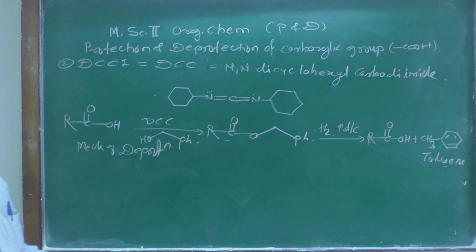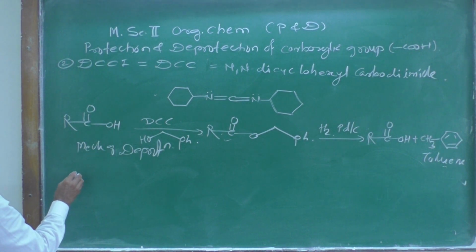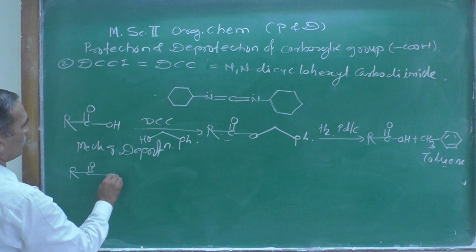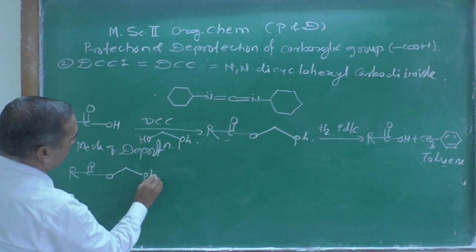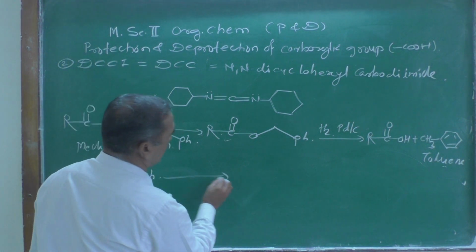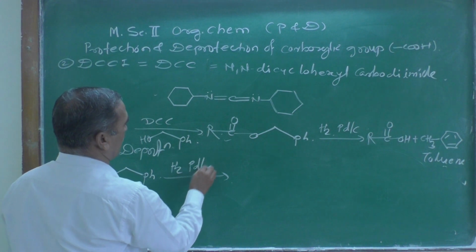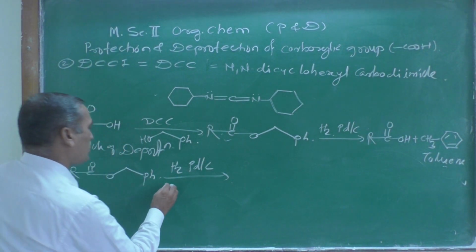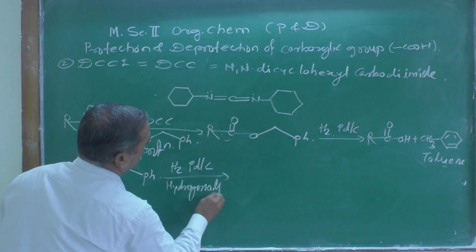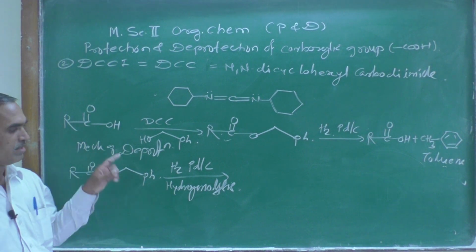For that you take down this structure once again, R, C double bond O, then O, this CH2, and then Ph. This is the protecting group. Now we are adding H2 in presence of palladium charcoal, this process is known as hydrogenolysis, and hydrogenolysis I already explained at the beginning.